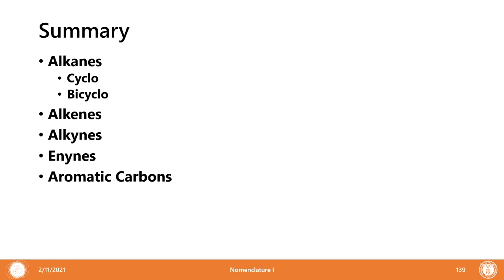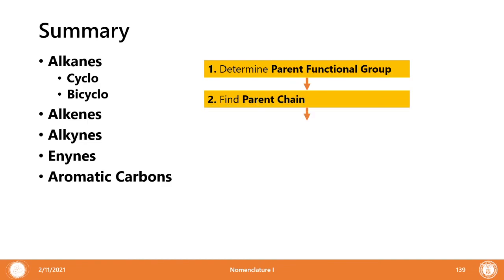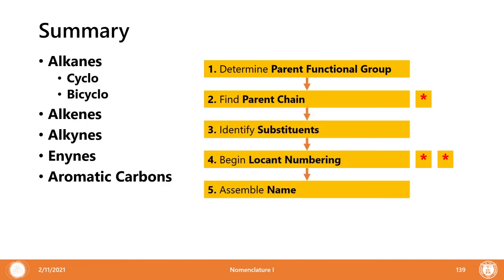The general flow of forming a name is that we first determine the parent functional group, whether it has an alkene or an alkyne, find the parent chain, the longest number of carbons, or if they have more alkenes or alkynes in that chain.